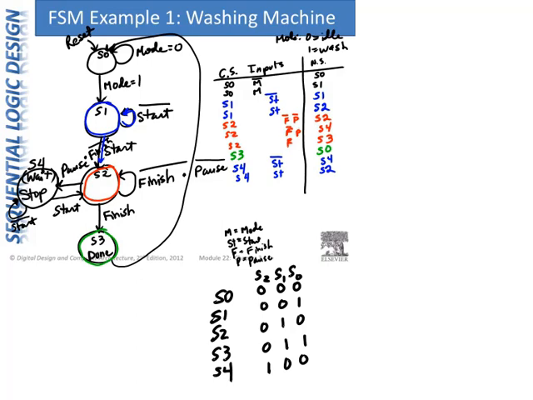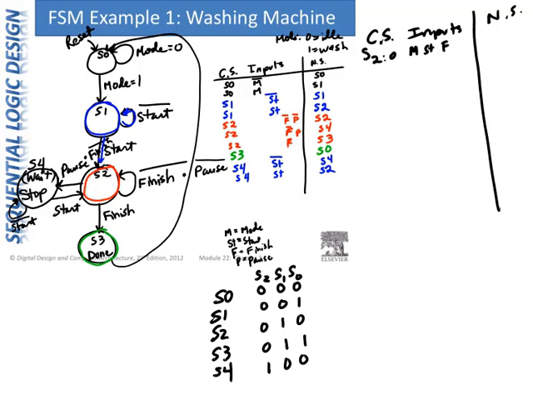Okay, so now we'll encode our state transition table. We have our current state and our inputs, and then we have our next state. So current state, we have S2 to S0. Inputs, we have M, start, F, finish, and P. And our next state is S2 colon 0 prime.